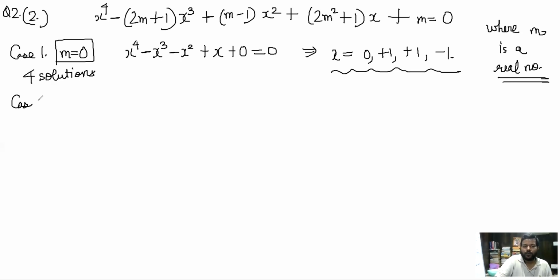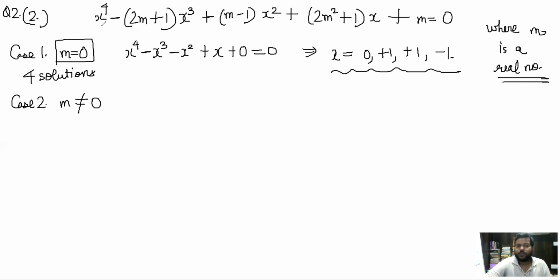In case 2, when m is not equal to 0, this is a 4th degree equation, and I don't want to solve a 4th degree equation. I don't even know how you're going to solve it, right? There are methods, Ferrari's method to solve a biquadratic, or I think it's Cardano's method, but I don't want to do it. It's annoying. So what I will do here is convert it into a quadratic equation.